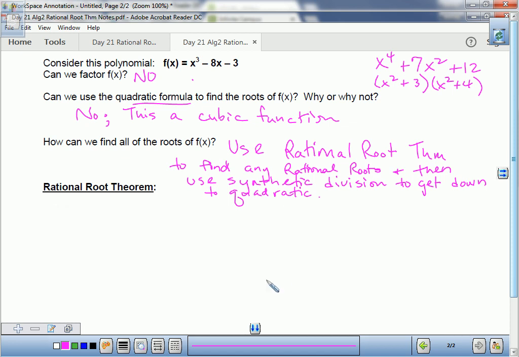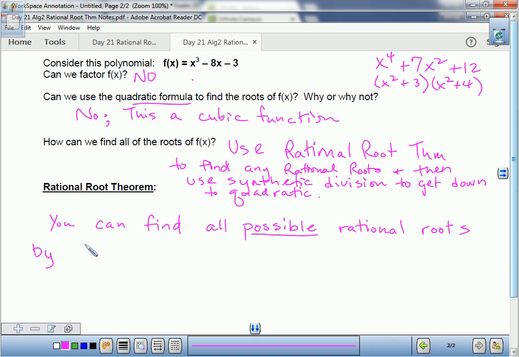Rational root theorem. What this tells us is you can find all possible rational roots by taking all the factors, positive or negative, of the constant divided by the leading coefficient.